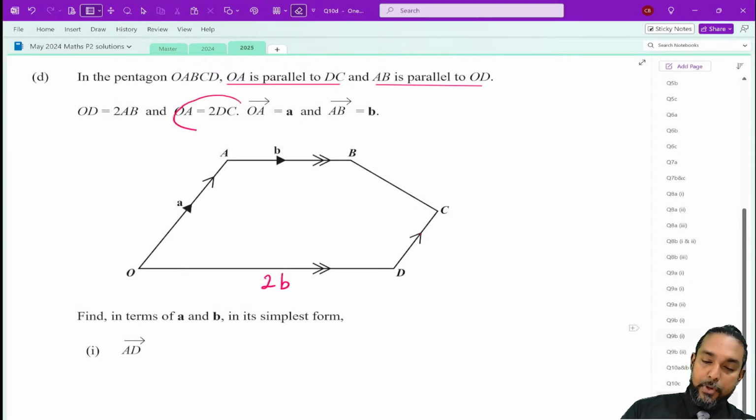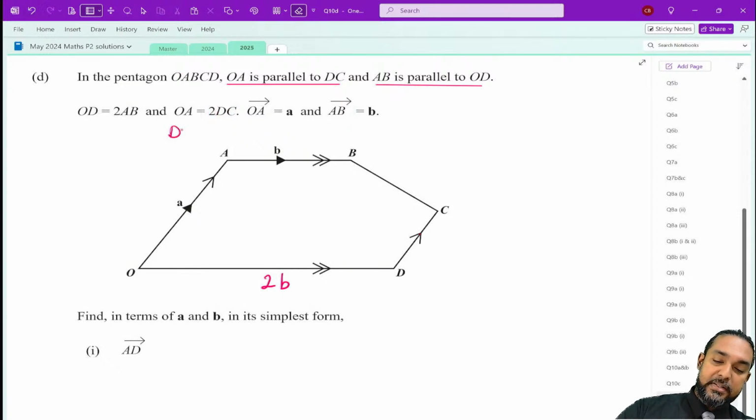Similarly, it says here OA is 2 times DC. Remember I was saying that? Now they went the reverse here. You say, but Chris, it's the same too. But OA is double this, and this time they gave us the vector of the bigger one, which is A. So if OA is 2 times DC, to find DC, you have to divide by 2.